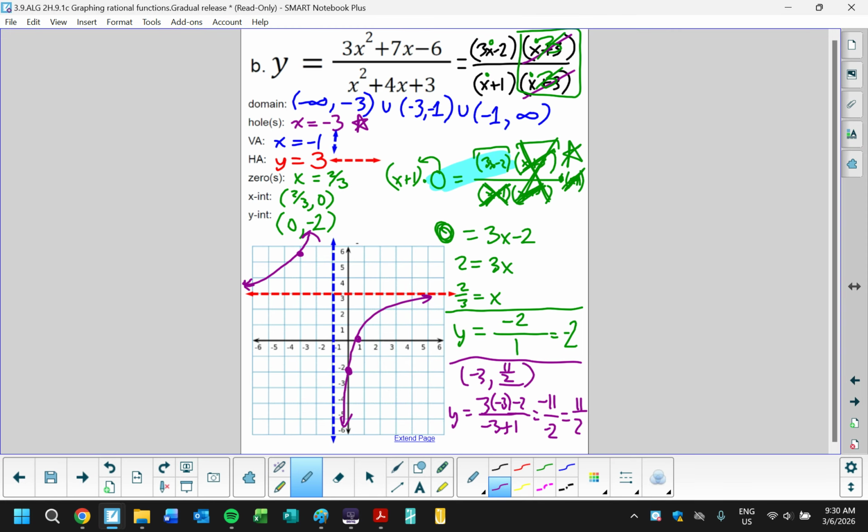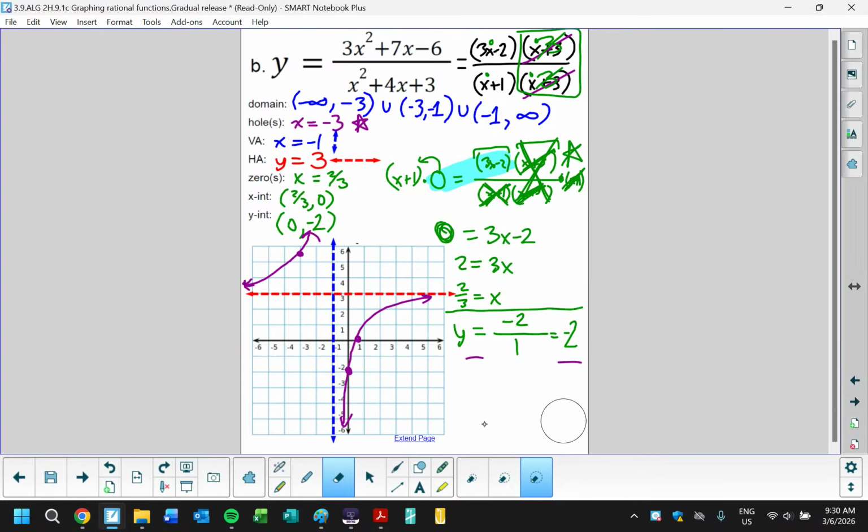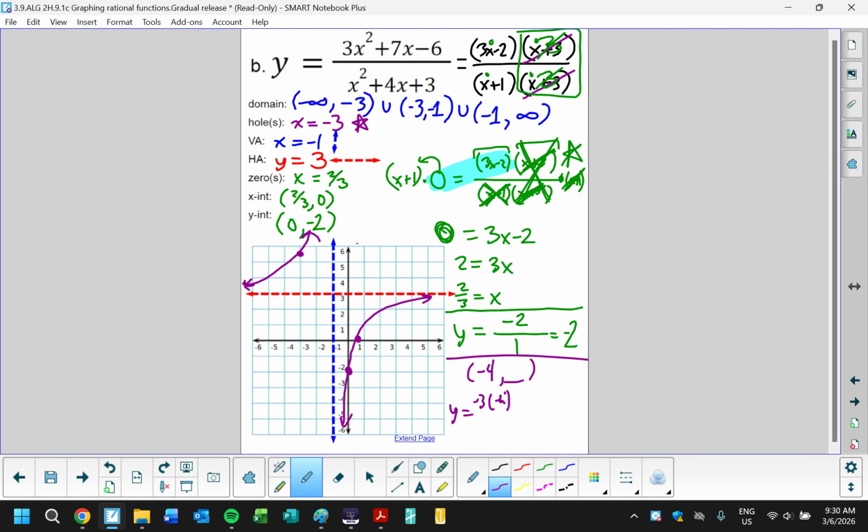Now, this was not the best of points to pick. I really should have tried -2, and I want to do that right now, and I'll show you why later. Or let's go to -4. Why not? So if we input -4, y is going to be 3 times -4, subtracting 2.